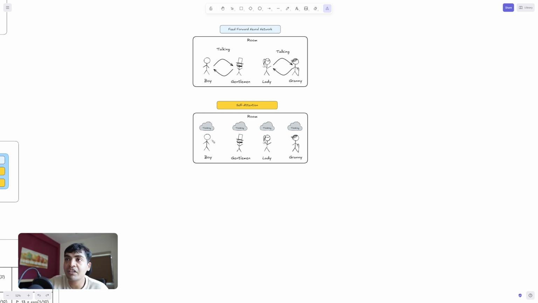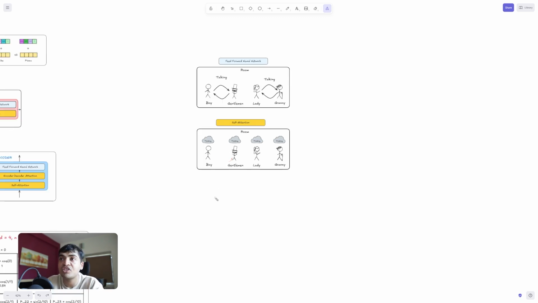So in this orientation, the boy is seated closely to the gentleman, so he is able to understand more about the gentleman than about the granny. But in another attention head, the granny is seated closer to the boy, so now the boy understands better about the granny than about the gentleman.